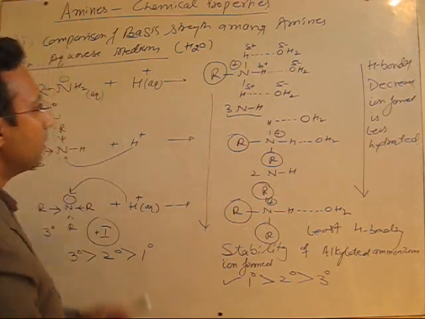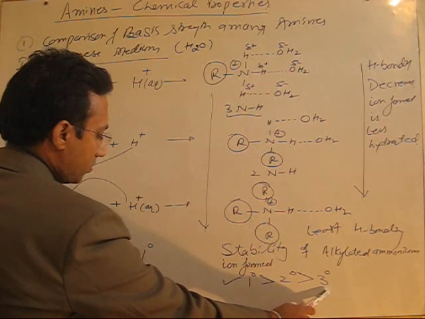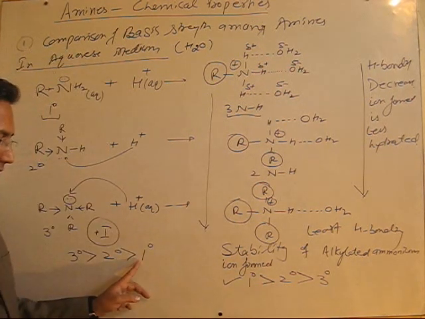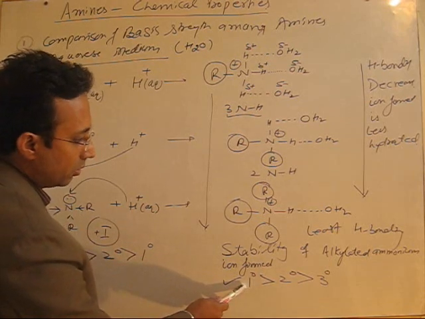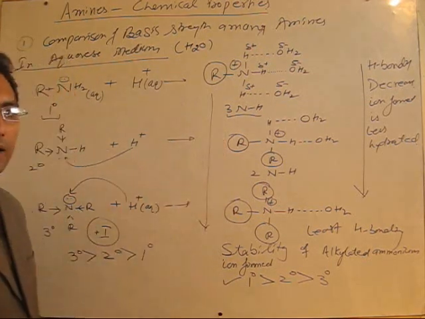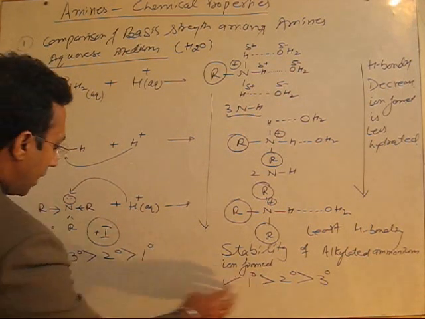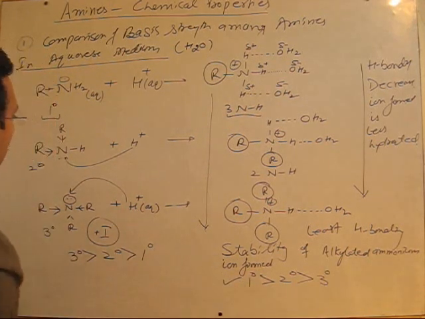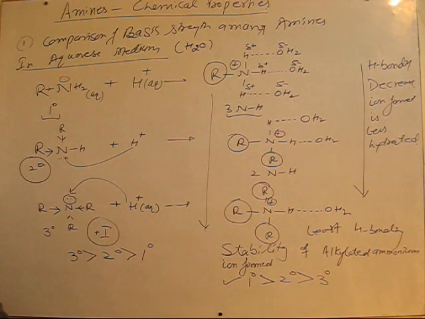So if we combine the effects: on the basis of only the inductive effect, tertiary is the most basic and primary is the least basic; on the basis of only H bonding as well as steric hindrance, primary is the most basic. But if you see carefully, if we combine these effects, it's the secondary amine in which all the factors are favoring.